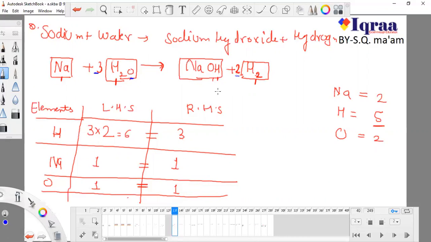The number of sodium is already fixed. Can you give me an idea of what I should do to balance the number of hydrogen and oxygen? If I write 3 here, the number of oxygen rises and will be 3 here. So what should I do? Can you give me some idea?